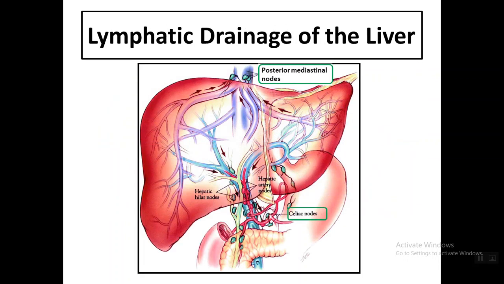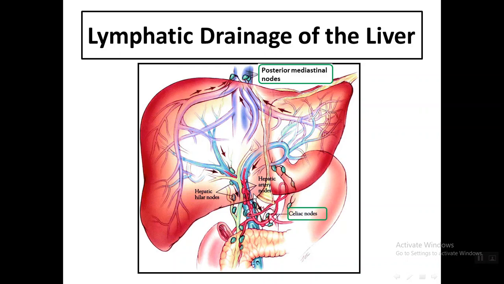What is the lymphatic drainage of the liver? Because the liver produces a large amount of lymph, it will drain into a certain group of lymph nodes called hilar lymph nodes, which then drain lymph into the celiac nodes, because the liver is derived from the foregut.